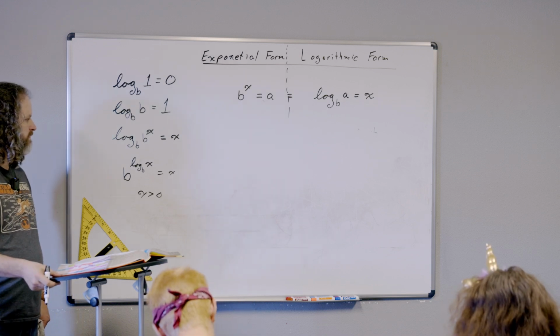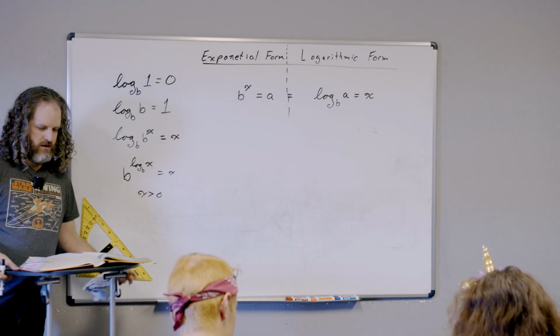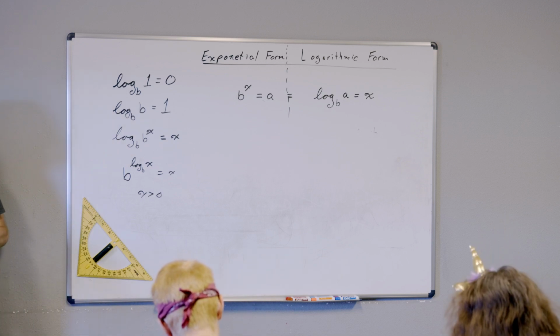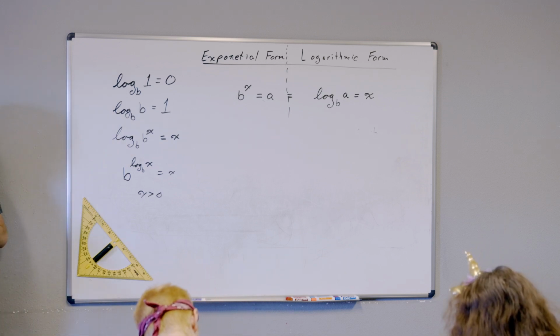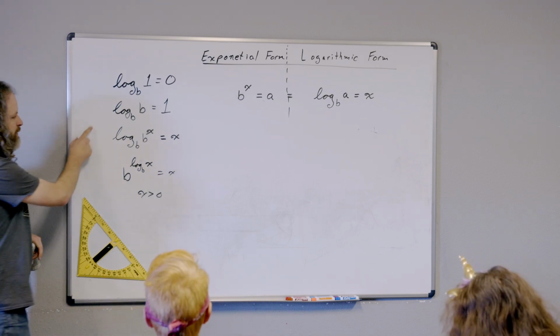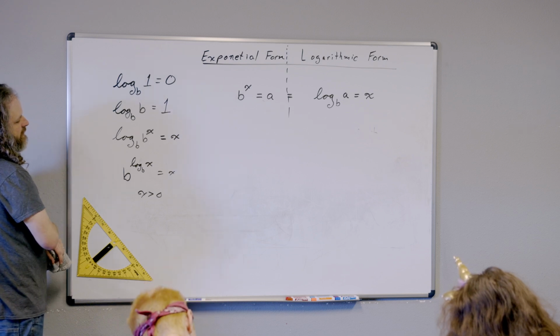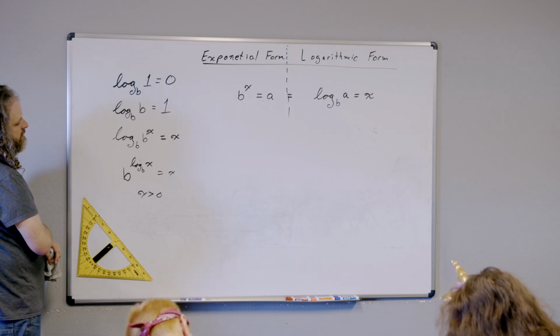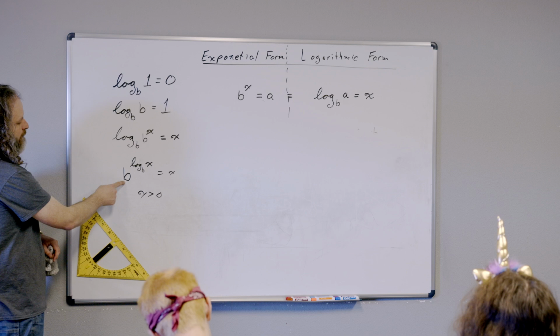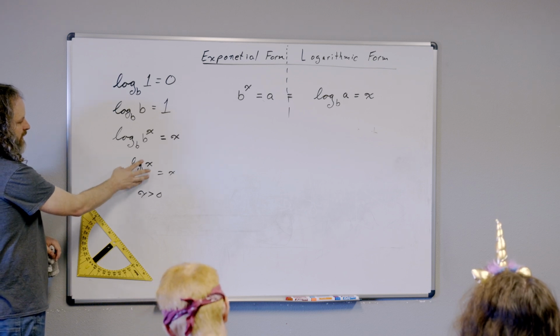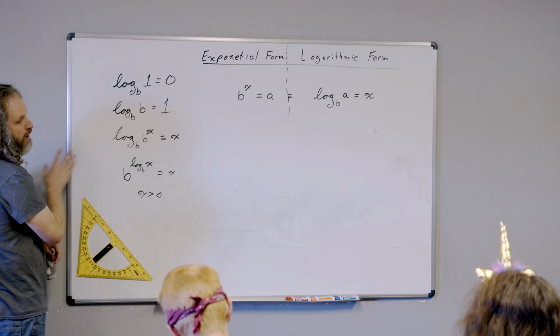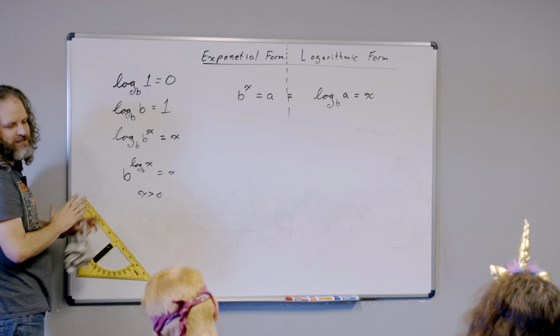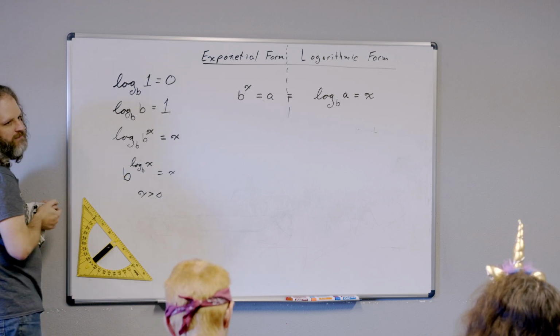These are actually inverse properties of each other. If the base here matches the base here, then this just goes, as long as x is greater than 0. If it's negative or 0, this property doesn't work.